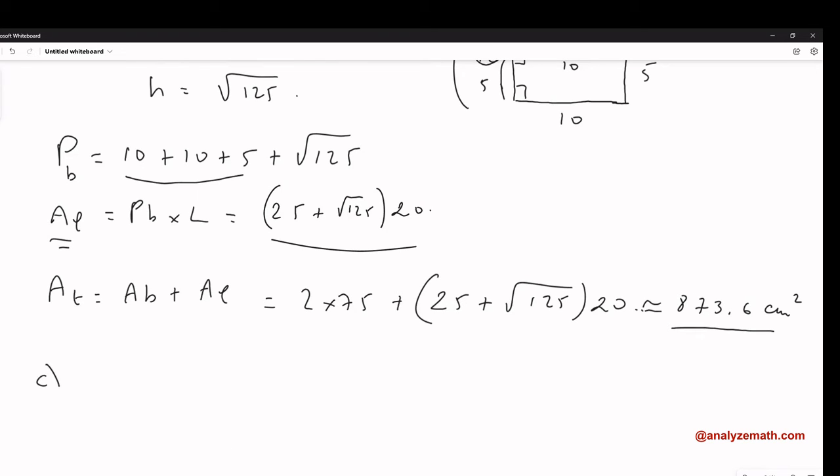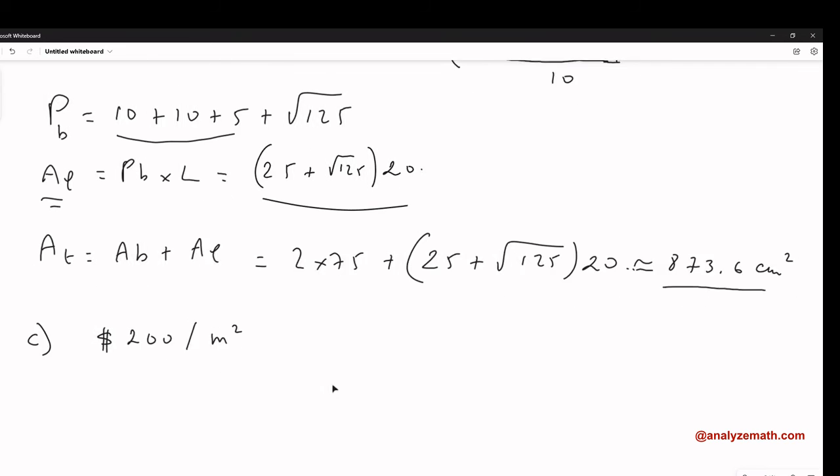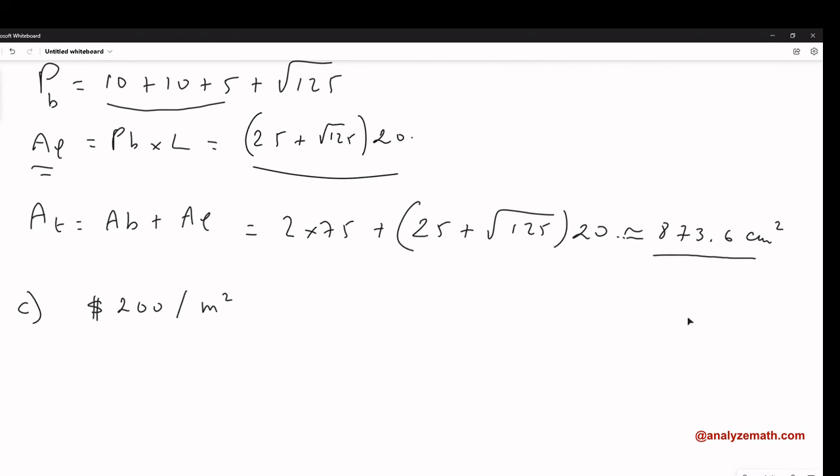Now, in part C, we need to find the cost of the material needed to make this right prism. The material costs $200 per meter squared. Now, the area we have is in centimeter squared. So we need to make a conversion first. So we know that 1 meter is 100 centimeters.